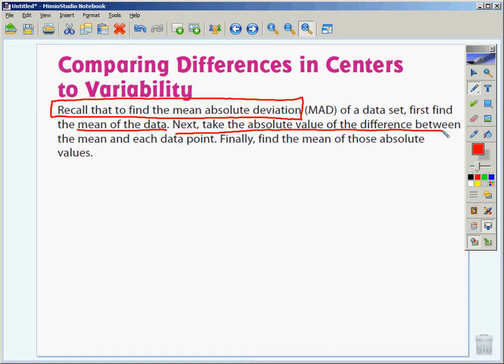And it says, finally, you're going to find the mean of those absolute values. So you're creating a whole new data set, and then you're going to find a brand new mean. And the mean that you find is going to be called the what? It's going to be called the MAD, or the MAD. Okay? All of that on the very front page of the packet.